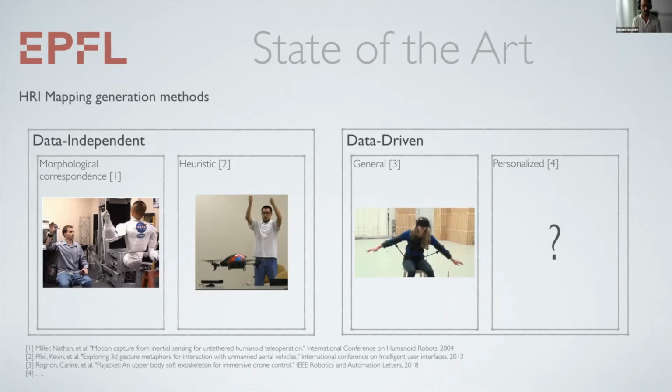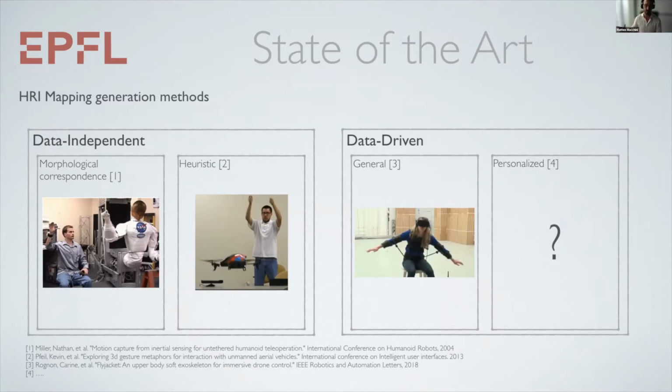Or mappings are defined in a heuristic way, leveraging, for instance, common human gestures that we use for human-to-human communication, such as go up, go down, take off, go right and left. They are data independent because they don't rely on the observation of how humans spontaneously interact with certain machines.